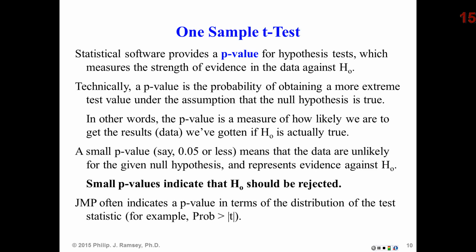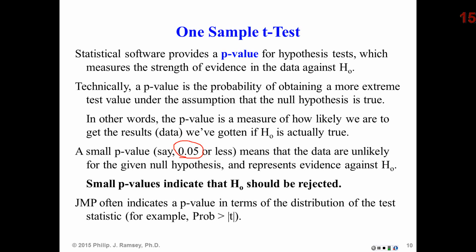A small p-value, and often, and this is arbitrary, a value of 0.05 is used, indicates that if the null hypothesis were true, then the observed data would be improbable or unlikely.